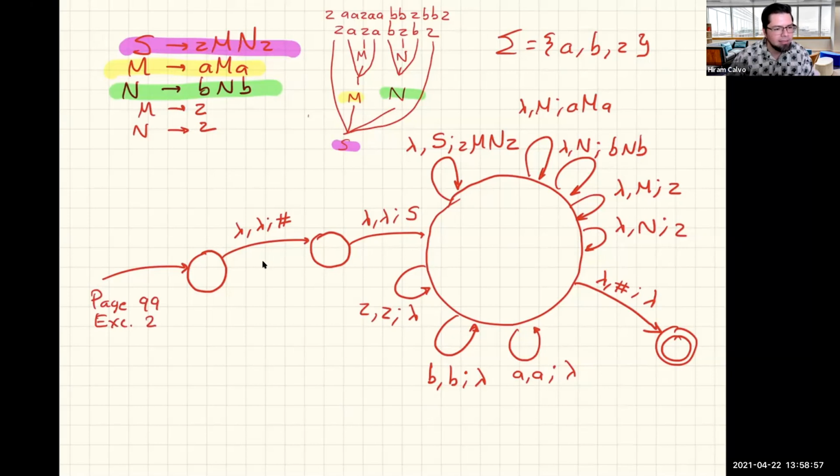Exercise 2 is to build a push-down automaton with the grammar of exercise 2.